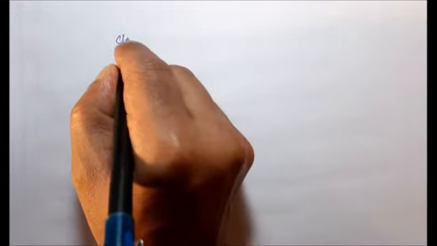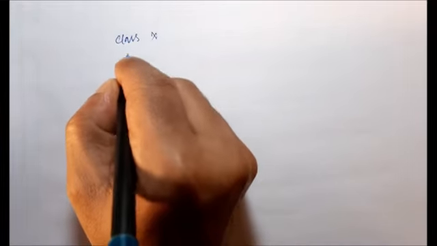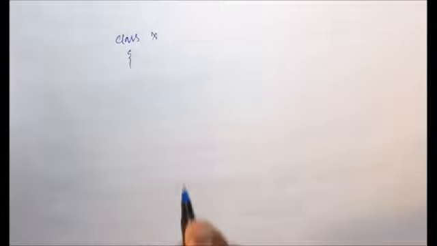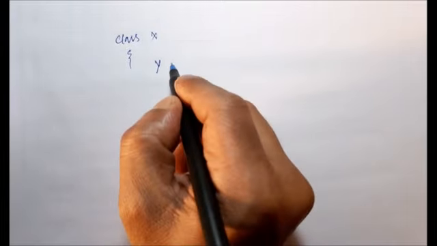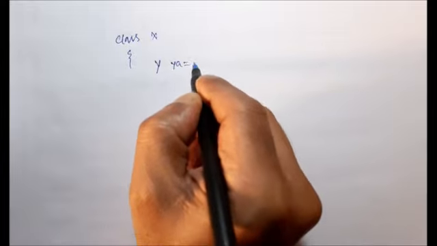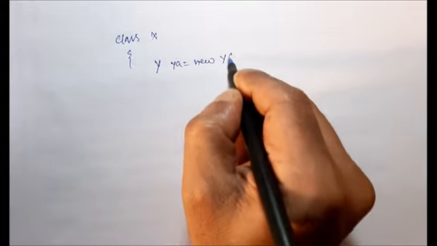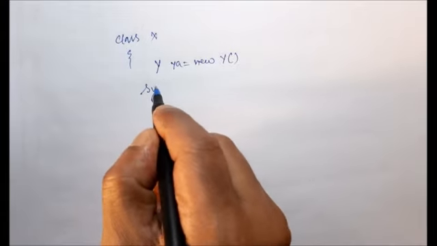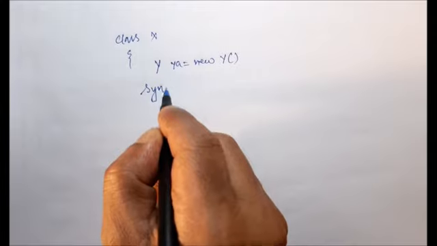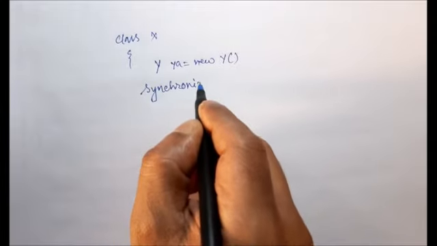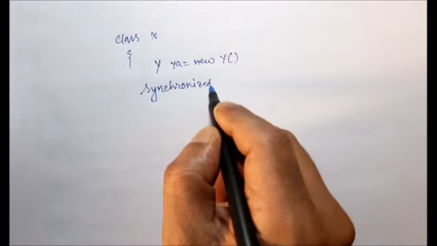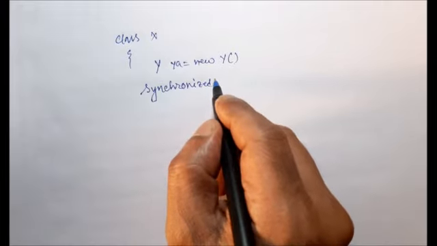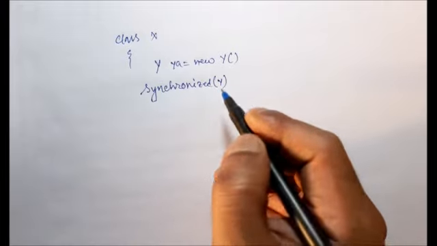Suppose I have a class, class X. And we have another object of a class, for example y equal to new Y. So another class object is here, y is the reference. Then we have a synchronized block on the object of this class, so I have to get the lock of y, no problem, right?